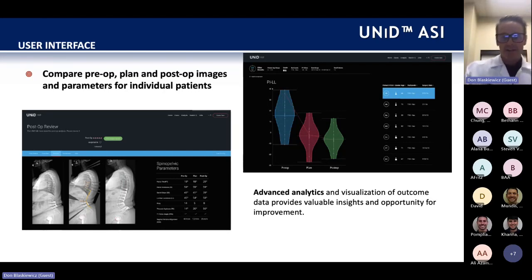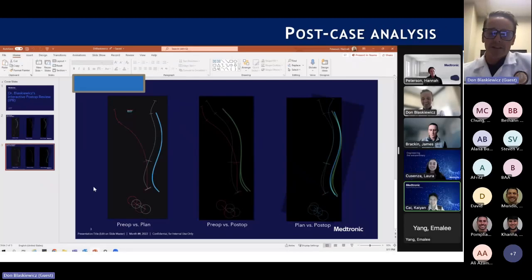And advanced analytics and visualization of outcomes of the surgery are all presented for you, and you can see where you are with obtaining your data. And then what I'll do is I'll sit and meet with my engineers, and we'll go over cases, and we'll figure out ways that we can hopefully optimize patient outcomes in the future. So this is great. We have these little powwows.